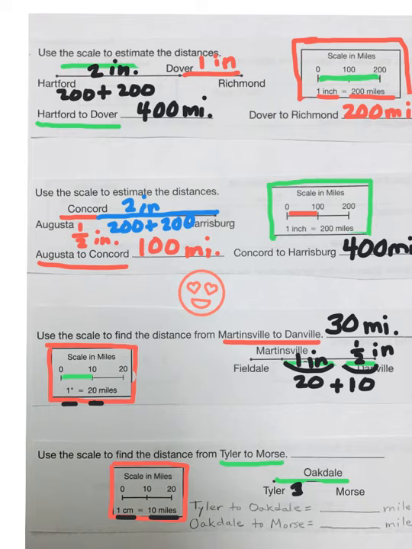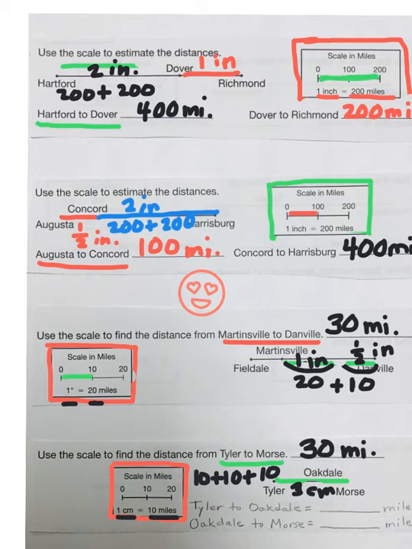I meant to write centimeters. 3 centimeters. So if 1 centimeter is 10, 2 centimeters is 10 more, and 3 centimeters is 10 more. So we can see that our answer would be 30 miles. Each centimeter is 10 miles.